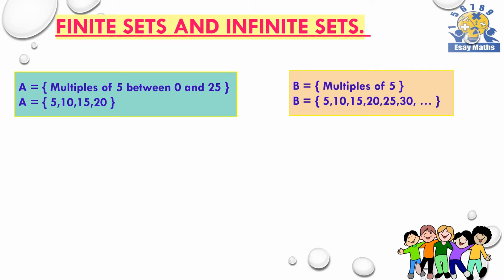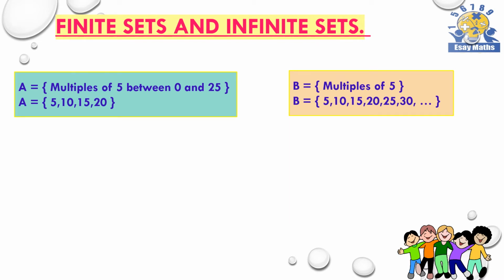It means there are an infinite number of elements here. So to represent that, we can write a few elements and put a comma and 3 dots at the end and then close the curly bracket.